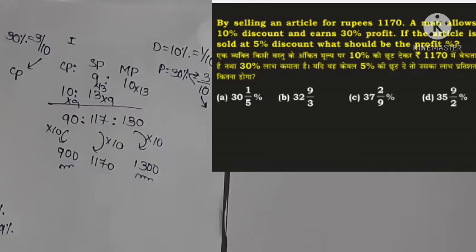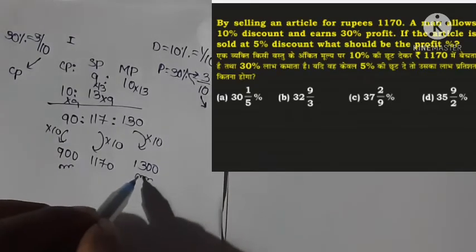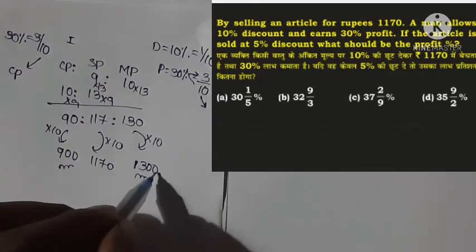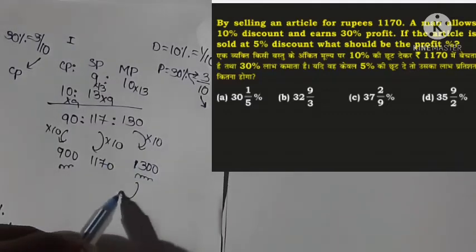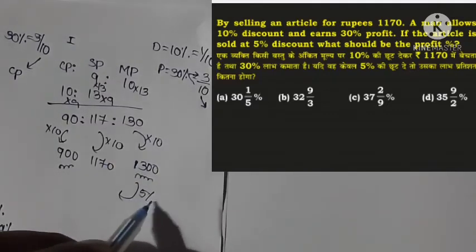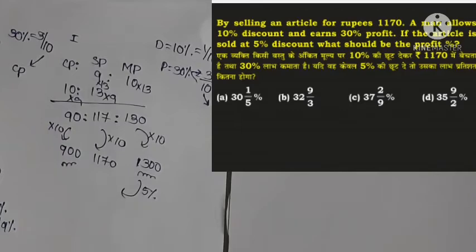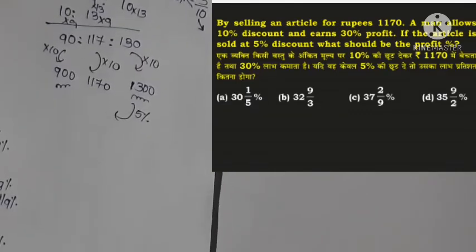If the article is sold at 5% discount, here the mark price is 1300, allow the discount of 5%. Say 5% of 1300.